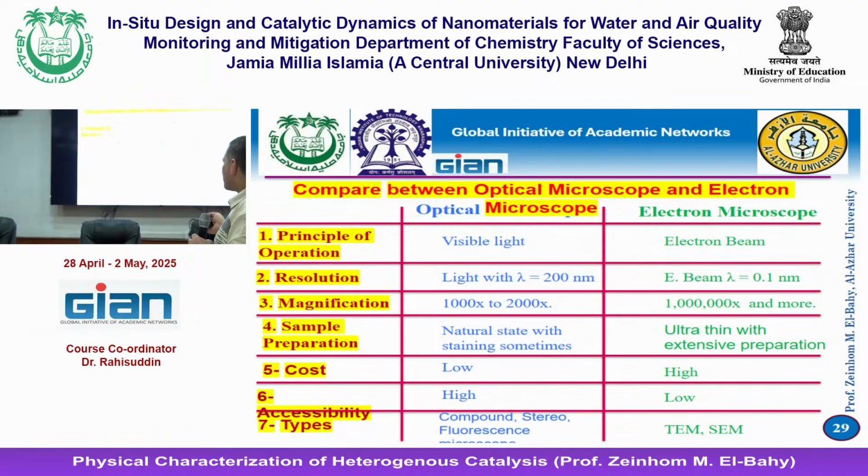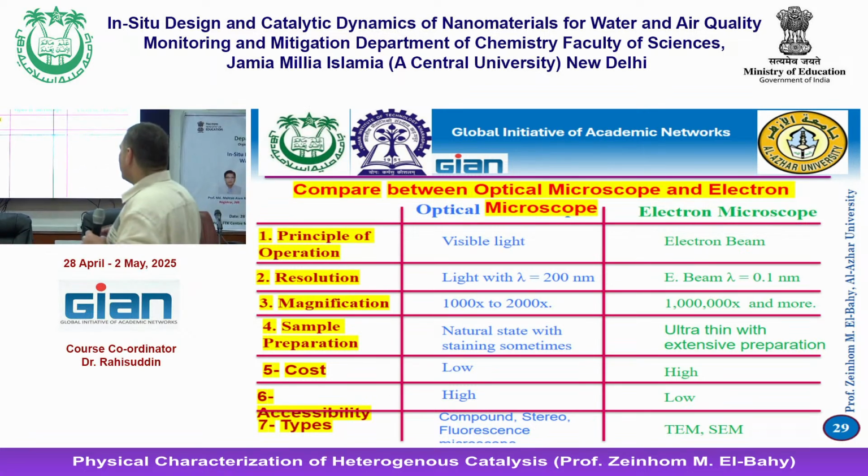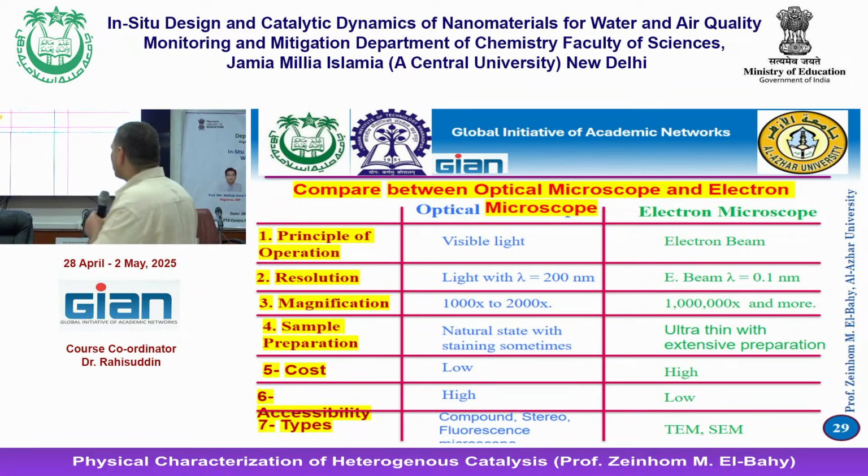The optical microscope uses visible light, but electron microscope uses electron beam. With resolution, in optical microscope the wavelength used is around maybe 200 nanometer, whereas in electron microscope it goes to 0.1 nanometer.